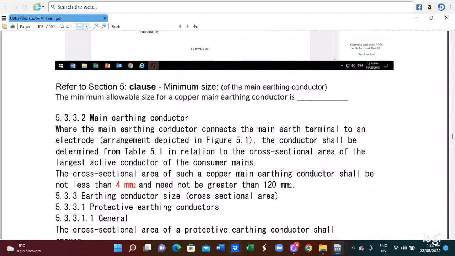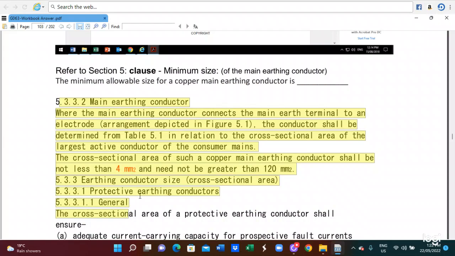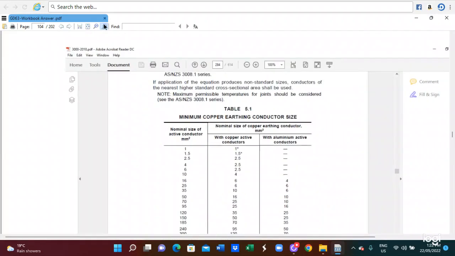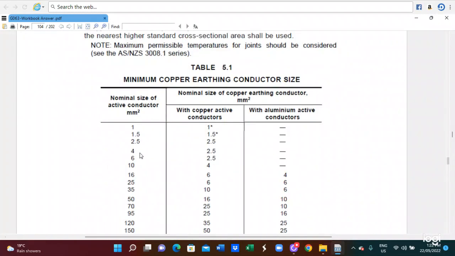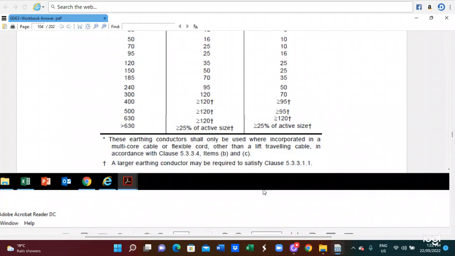So this is the main earthing conductor definition. How to install the main earthing conductor, you have to refer to this clause. And also Table 5.1 gives the minimum earthing conductor size, depending on the active wire size. So this is the minimum earthing conductor size you can select from this table.